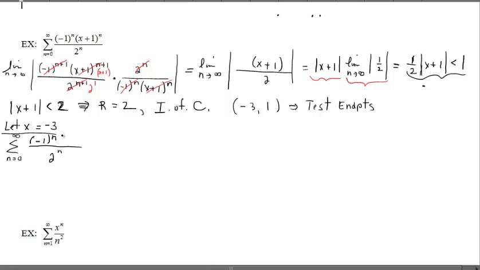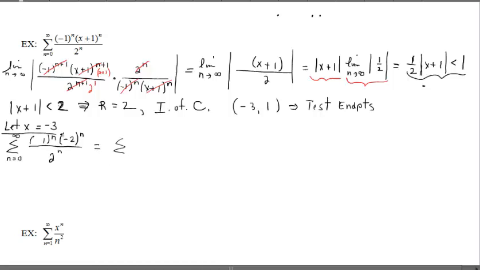If x is -3, then that becomes negative, what, 2 to the n? Okay, so you might want to do a little bit of algebra on this. If we're trying to think of all the different series tests for constants, because this is now a constant series, not a power series anymore, we might want to do a little bit of algebra work first.